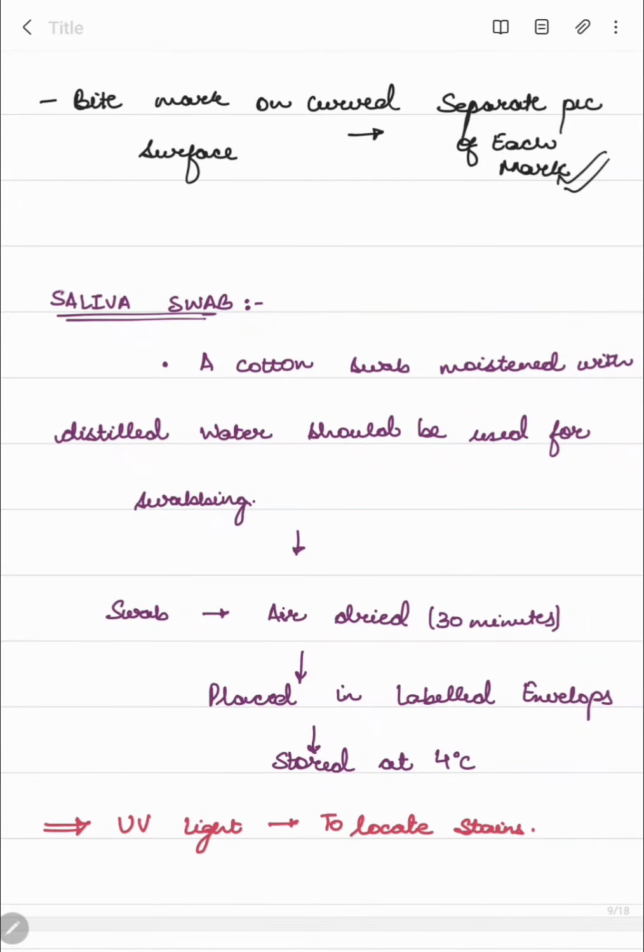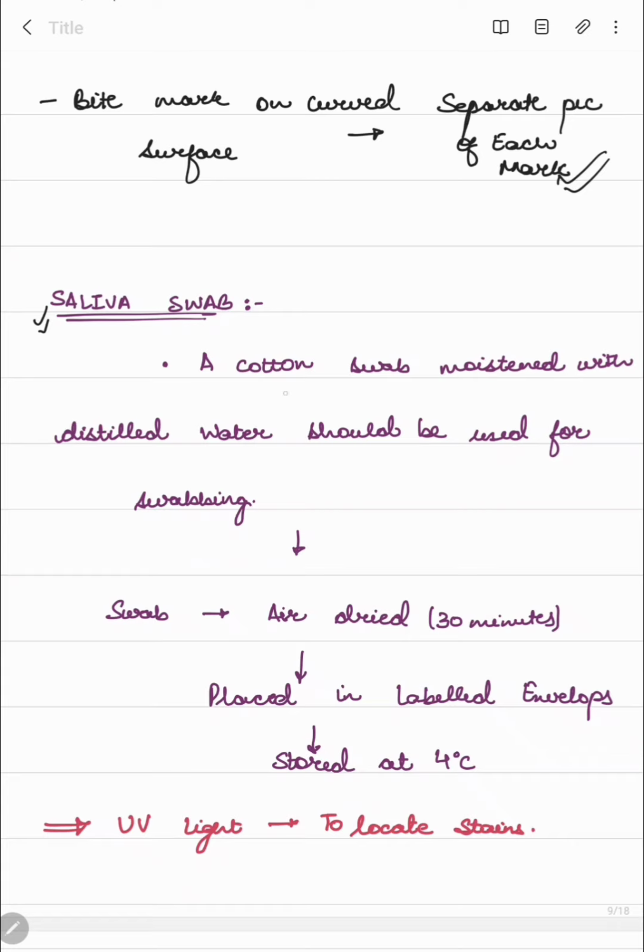Now the collection of saliva through a saliva swab, basically, as saliva is also used as a part of investigation. Saliva has WBCs and epithelial cells, right, which are basically a source of DNA, right? So it plays a major role in crime investigation. As we know, the saliva will be left behind over that tissue or the skin surface.